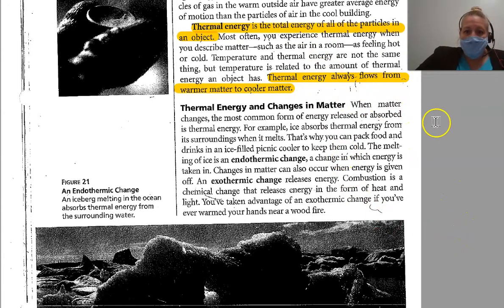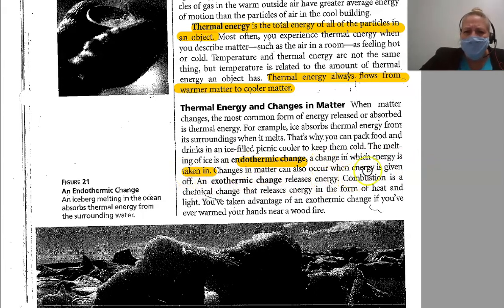Thermal energy and change in matter. When matter changes, the most common form of energy released or absorbed is thermal energy. For example, ice absorbs thermal energy from its surroundings when it melts. That's why you can pack food and drinks in an ice-filled picnic cooler to keep them cold. The melting ice is an endothermic reaction, a change in which energy is taken in.